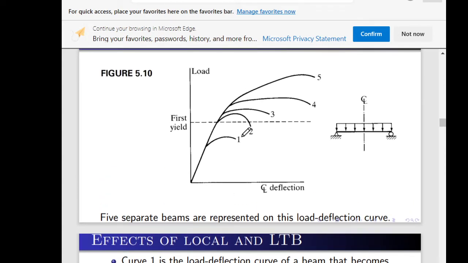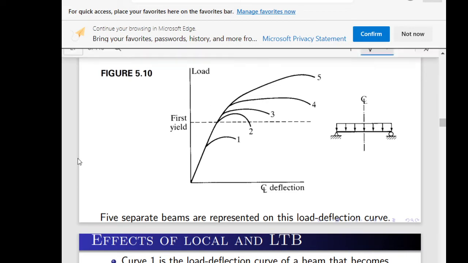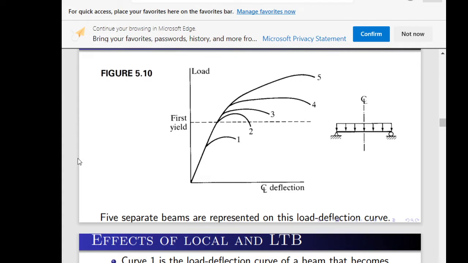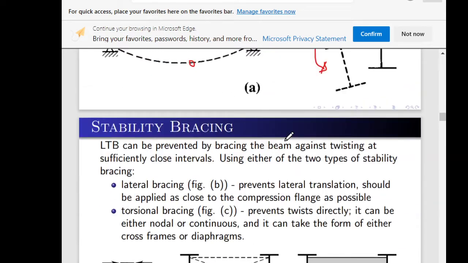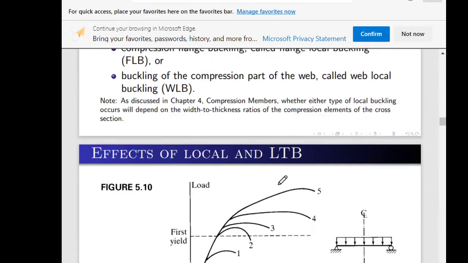Actually, curve 1 has not reached first yield and it collapsed, meaning it is unstable. So the M sub P cannot be applied because it did not yield. It did not reach its plastic limit. It stayed within its elastic limit and collapsed. So meaning the section or beam was not properly established, maybe it has no lateral bracing or torsional bracing.